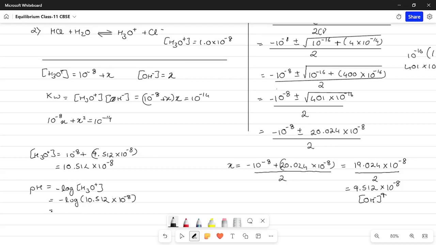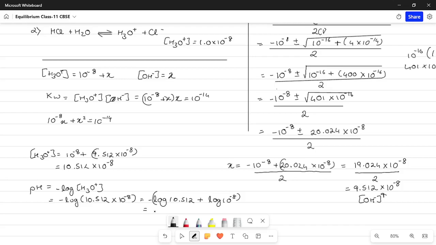Now you will be simplifying this like we did in the previous problem. Log of A into B is equal to log A plus log B, right? So let's write it this way: negative of, I should have put the bracket first, log 10.512 plus log 10 to the power minus 8.